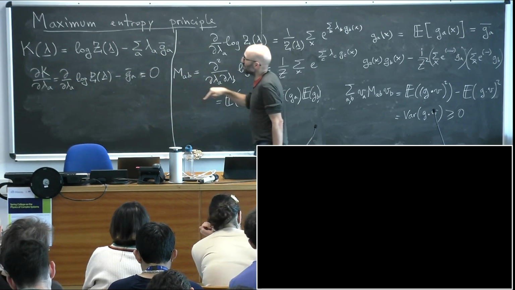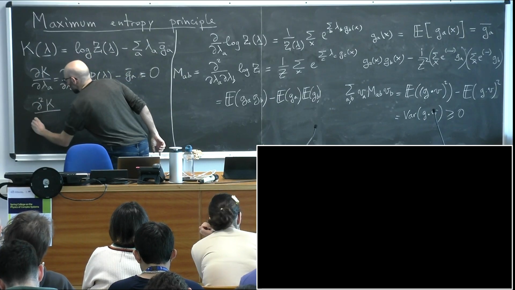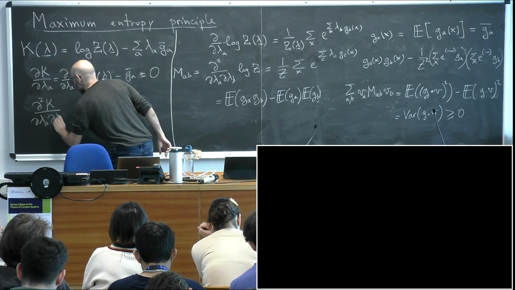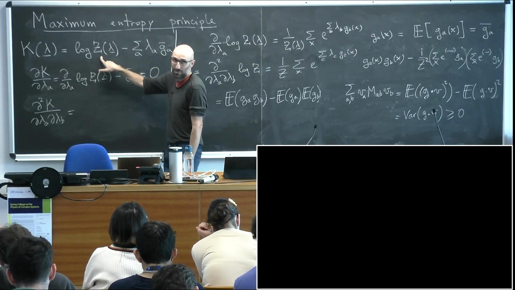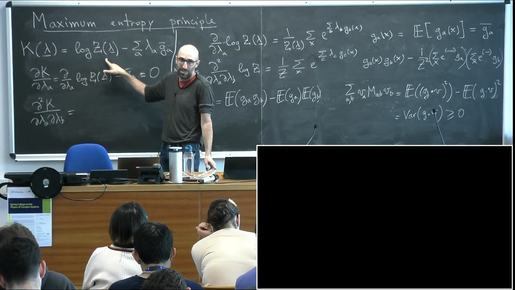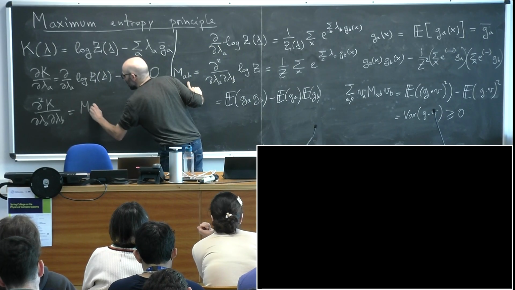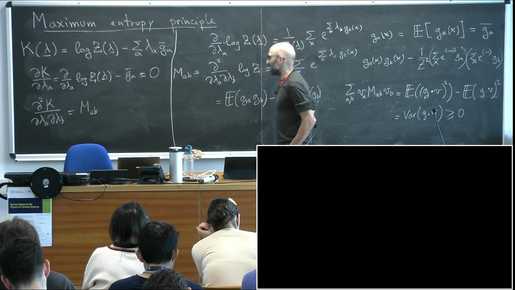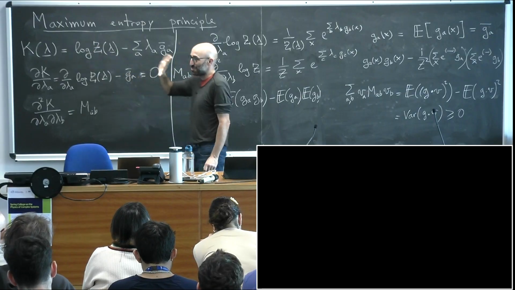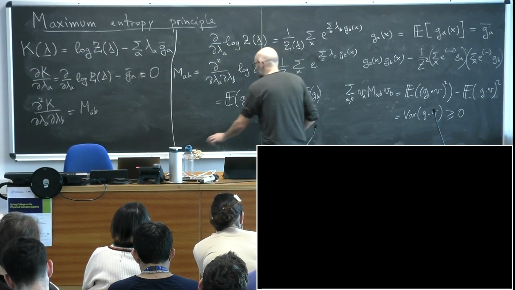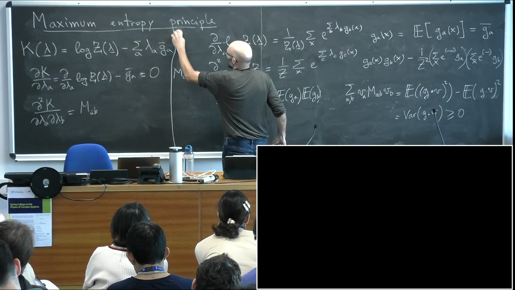But because this term is linear in lambda, the second derivatives of k are the same as the second derivatives of log Z. So they are equal to M_AB. So again, the function k is convex, like the function log Z, or concave.